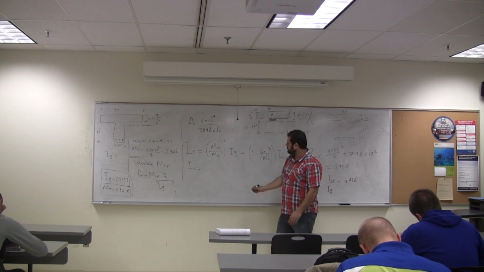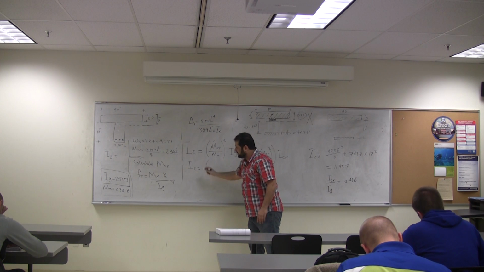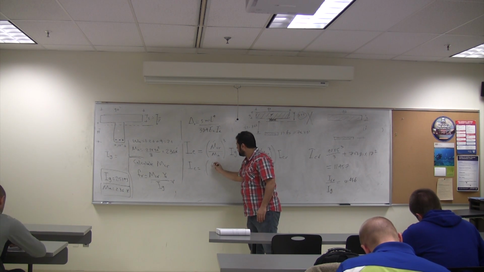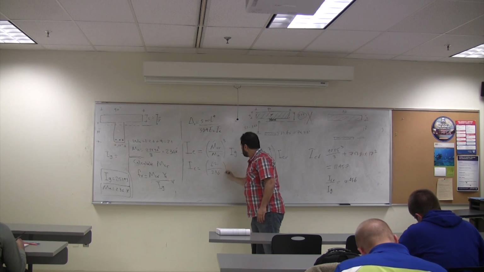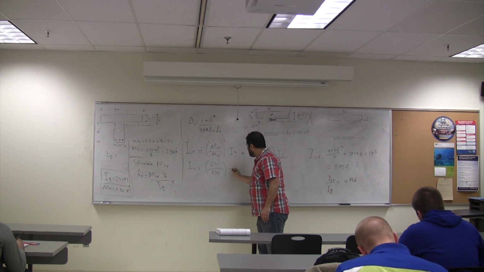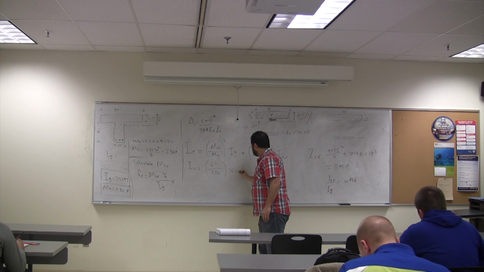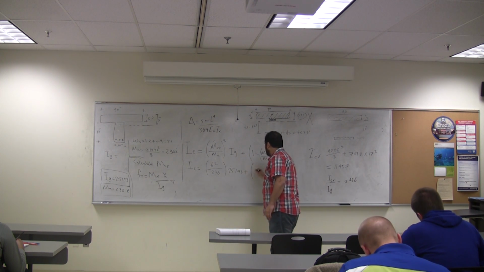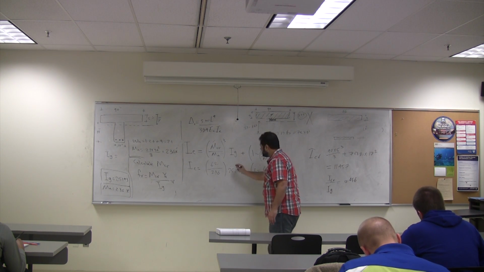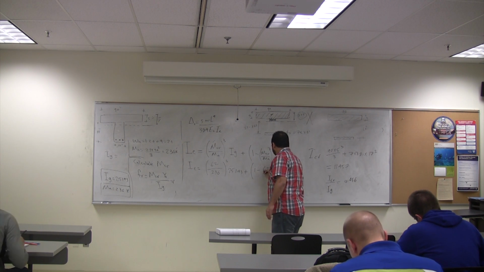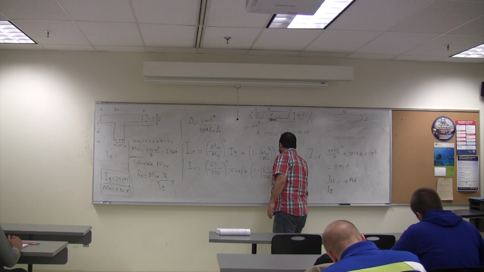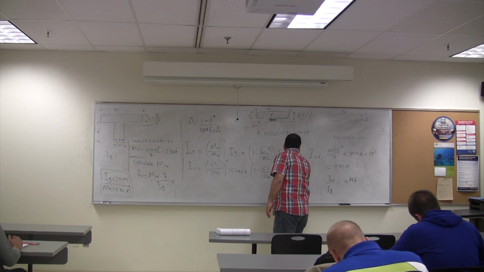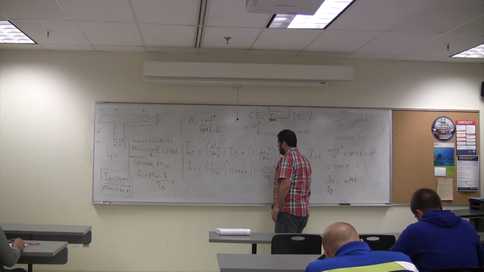Now what's I effective? Give me the numbers. M cracking is what? 62. Allowable is 236. I gross is what? 25,143, plus 1 minus 62 over 236, cubed by the way, times 11,457.